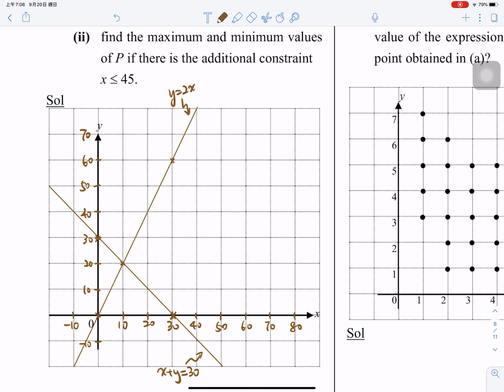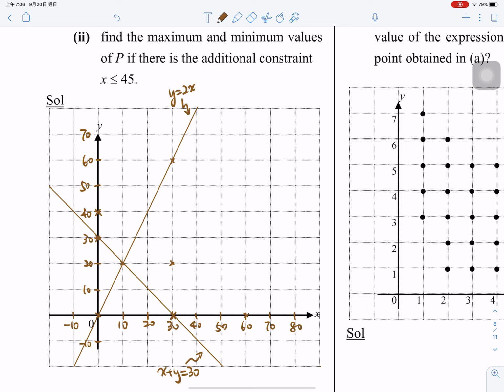How about the last one? 2x plus 3y equals 120. So 0, 40. 30, 20. And one more, 60, 0.